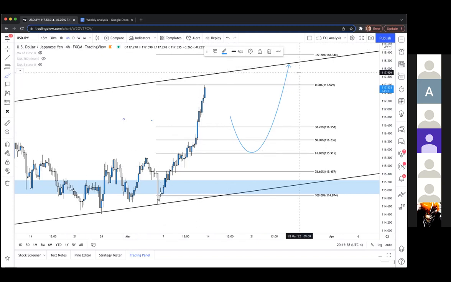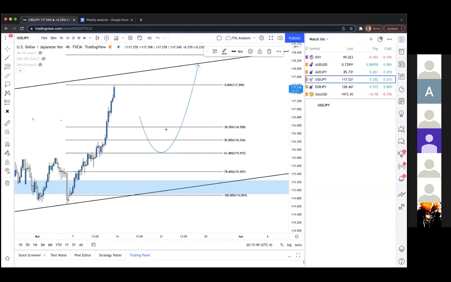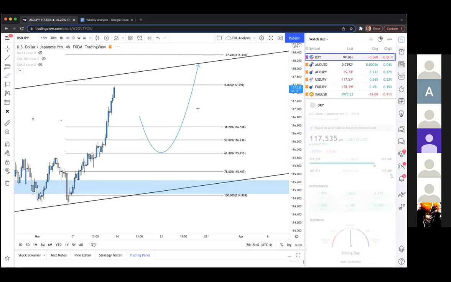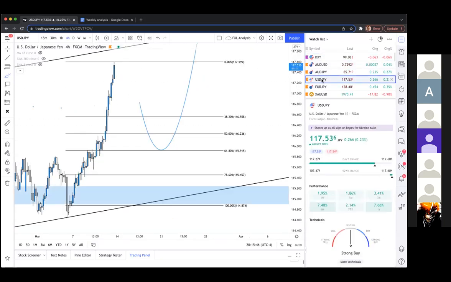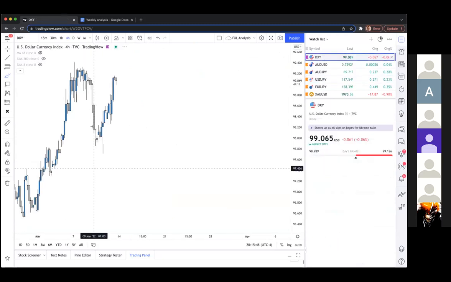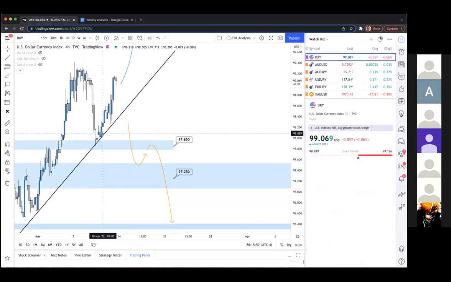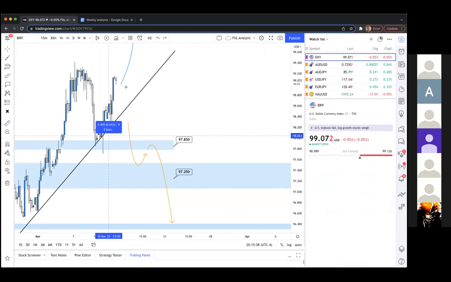Bullish as hell. And one thing to note too is that UJ has been reacting very dramatically to whatever DXY is doing. Right? This thing has just been showing a little bit of bullishness, well, a lot of bullishness, but even more bullishness on DXY. I'm just trying to get a measurement here.